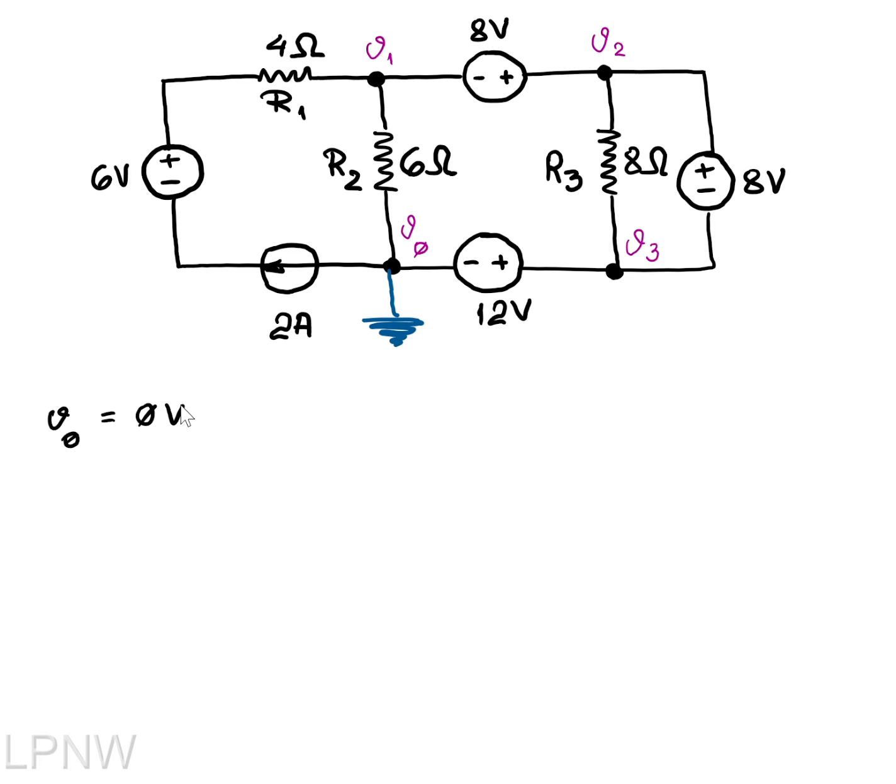Now, looking at the polarities on the diagram, in that branch, positive node minus negative gives V3 minus V naught equals 12, the source.